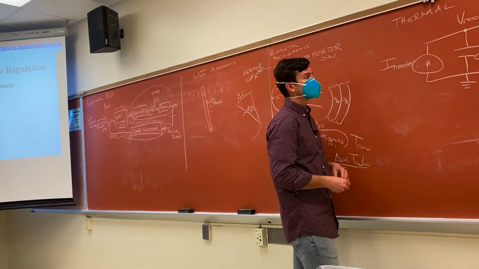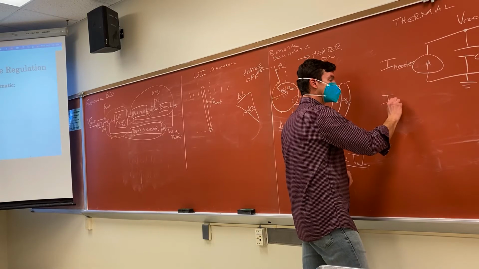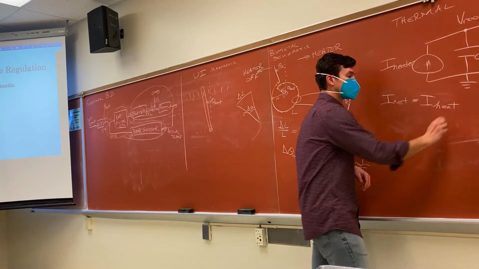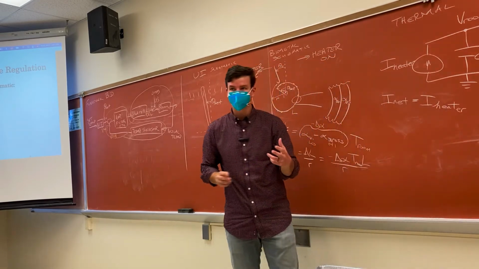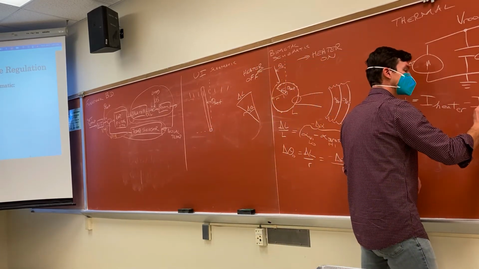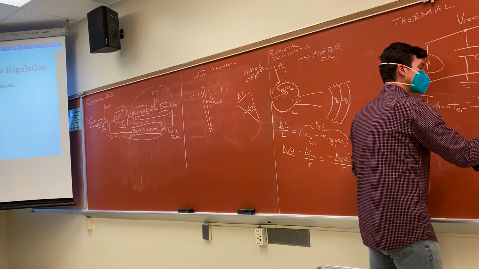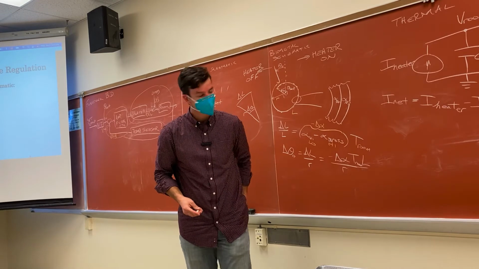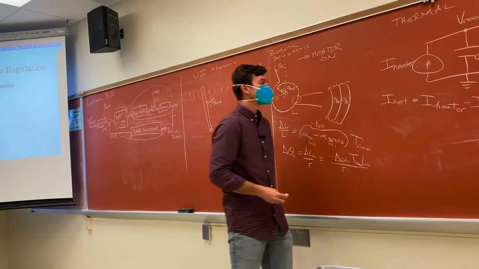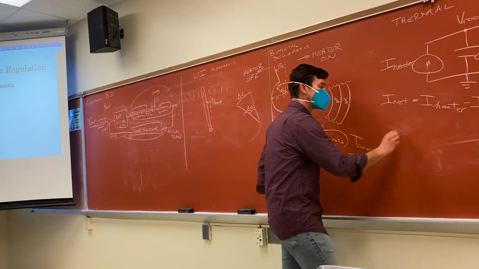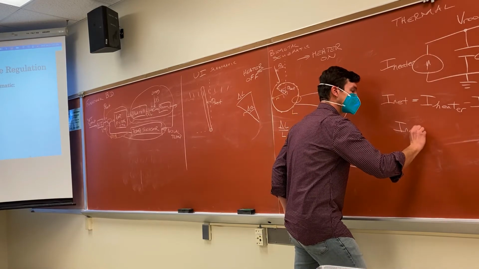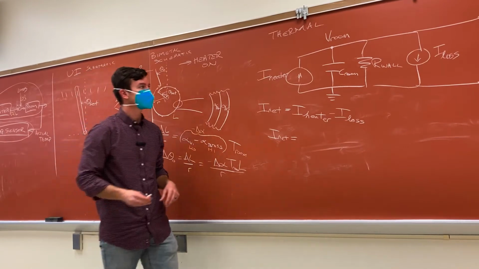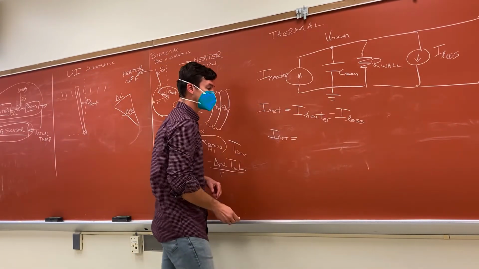So I think what I'd like to do is define I net as the difference between the heat given to us by the heater and lost out the window. Okay, so then KCL says the current into the top node has to equal the currents coming out through the cap and the resistor.